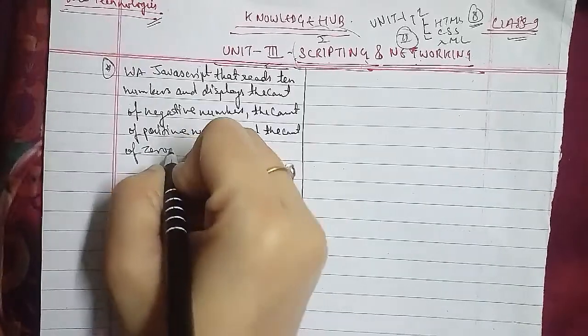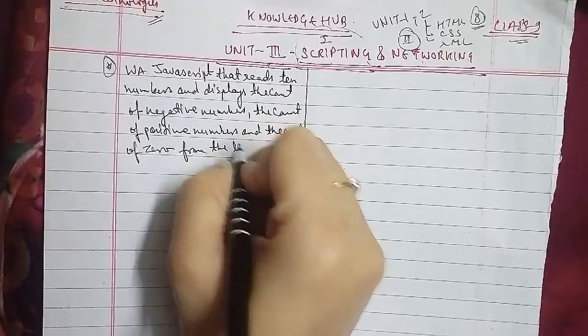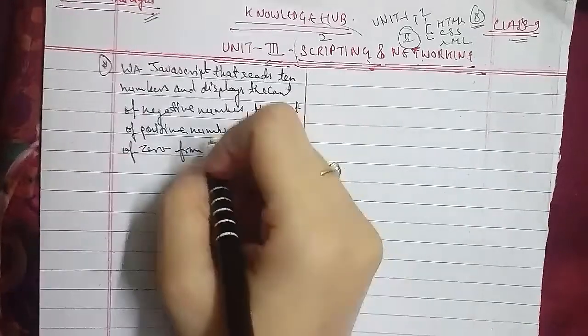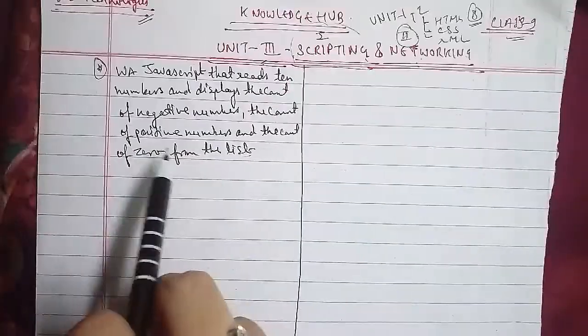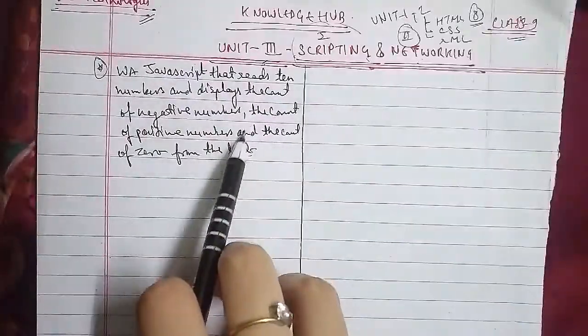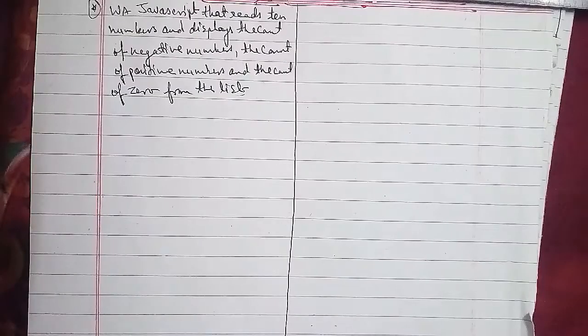So this is the program: write a JavaScript that reads 10 numbers and displays the count of the negative numbers as well as the count of the positive numbers as well as the count of the 0. You can write it down as well.